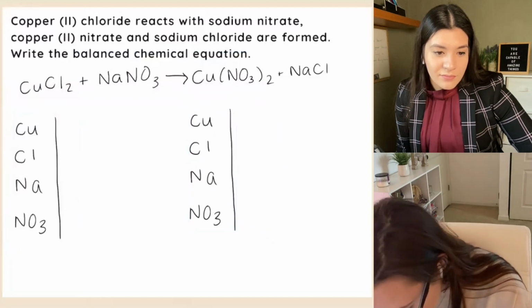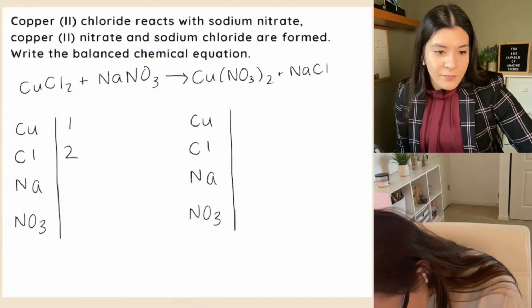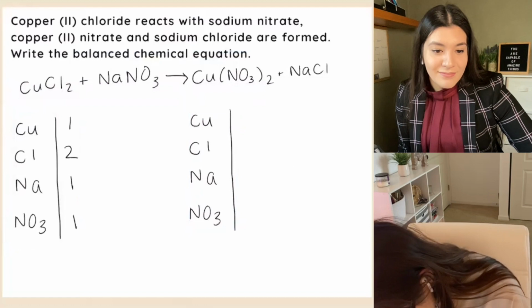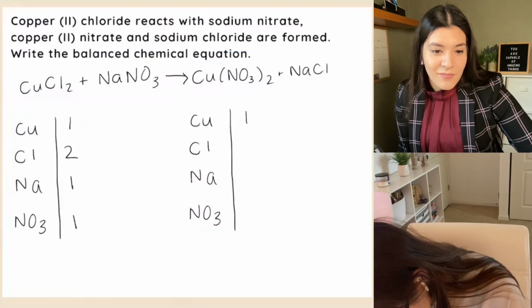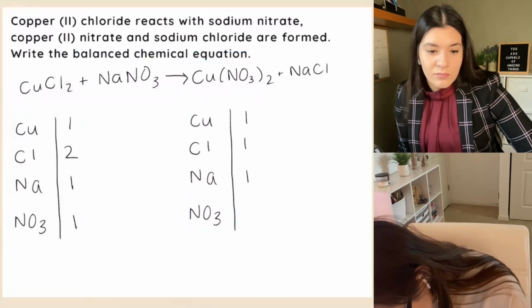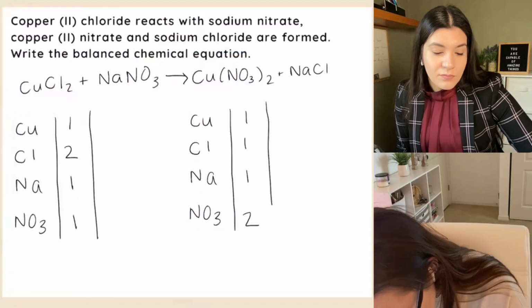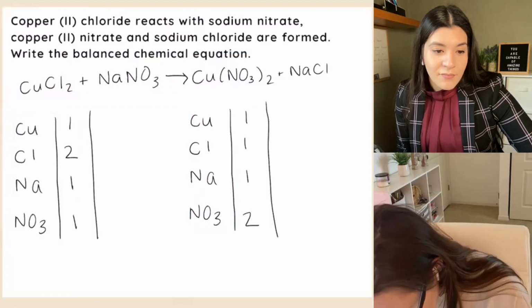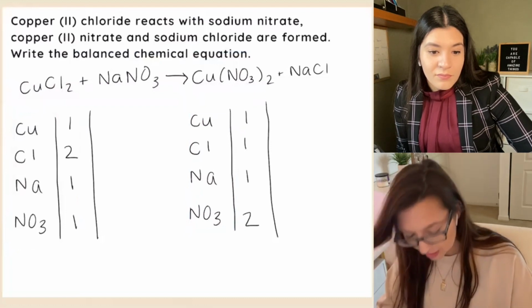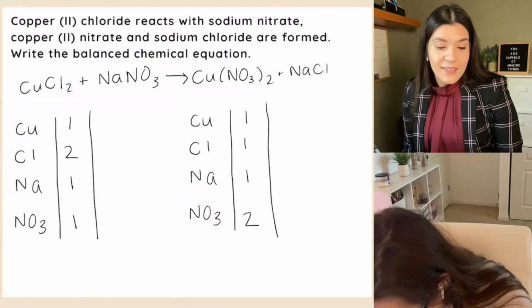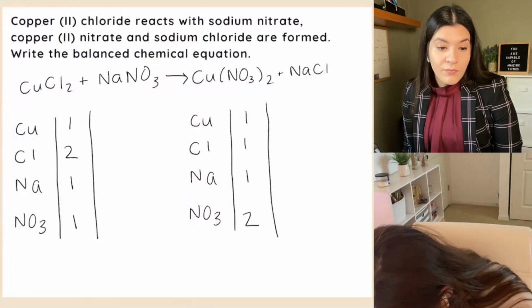Okay, so we have 1 copper, 2 chlorines, 1 of those and 1 of those, and then we have 1 of these. So I guess we can just start from the top because we don't have oxygen or hydrogen. Exactly. So copper is good.